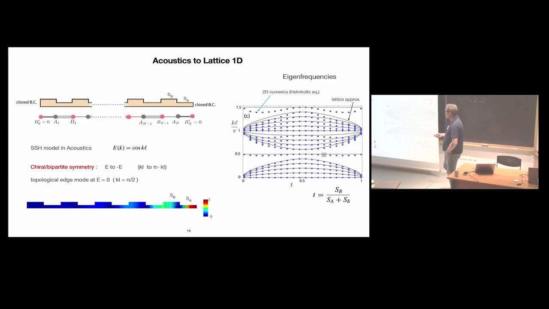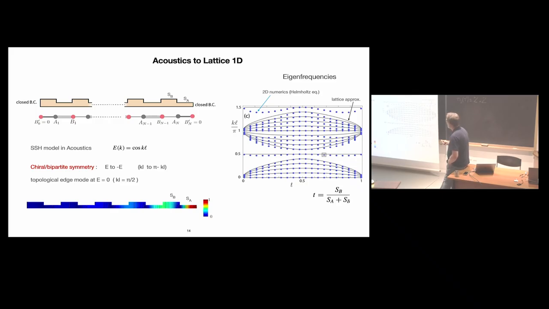Okay, so we can continue with this 1D acoustic SSH. Here is just an example to see how it goes when comparing the lattice modeling and the 2D wave equation. So we take a closed boundary condition at both ends. From the discrete model, we obtain the energy, then we can compute the frequency.